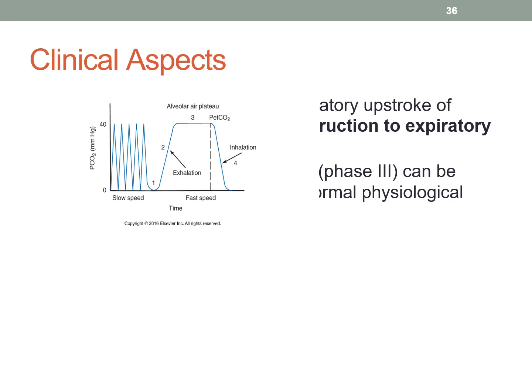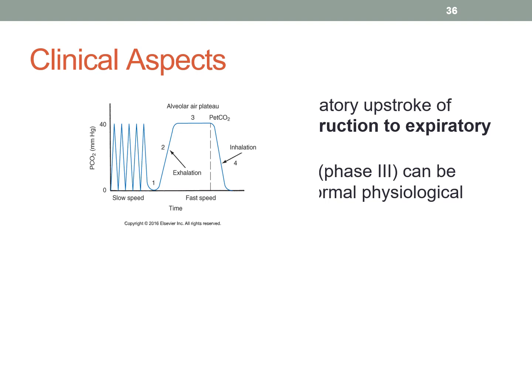It's basically just talking about the diagram from before. When we're looking at A, the prolongation or slanting of the expiratory upstroke of phase 2 occurs when there's obstruction to expiratory gas flow or leak. That's what you see with example A when you're looking at COPD.